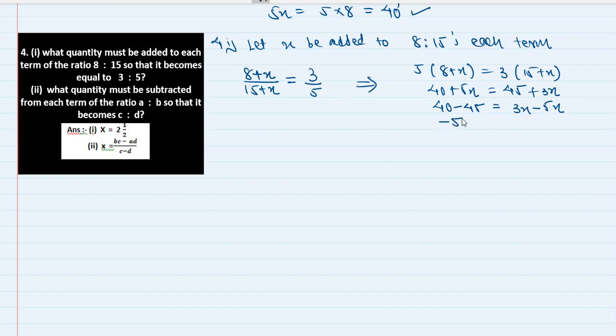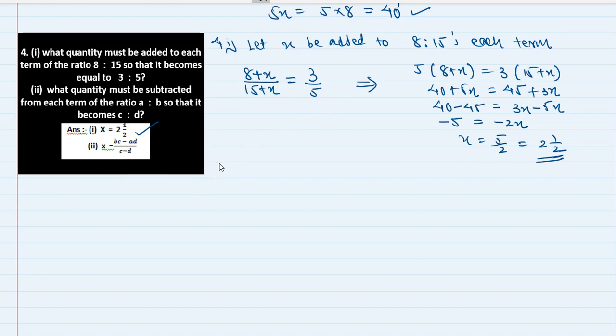So this will be minus 5 is equal to minus 2x. So x is equal to 5 by 2 or 2 1 by 2. That's the answer. Right? So if 2 1 by 2 is added to each term of the ratio 8 is to 15, it will become 3 is to 5.